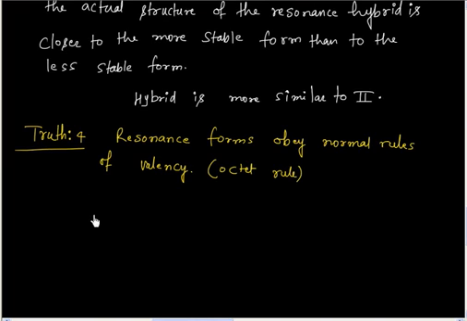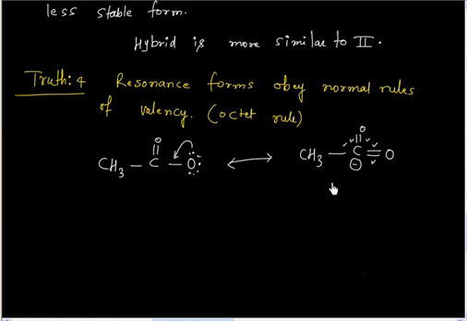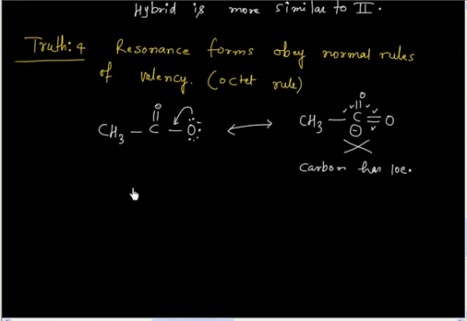For example, for the acetate ion, we cannot have a resonating structure something like this. Because in this case carbon has 2, 4, 6, 8, 10 electrons. So this is not a valid resonating structure. So we have to follow the octet when we are writing resonating structures.